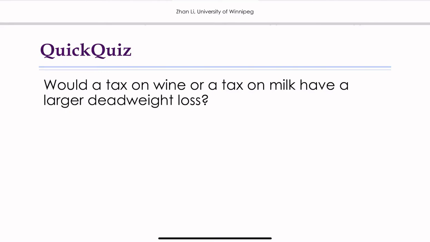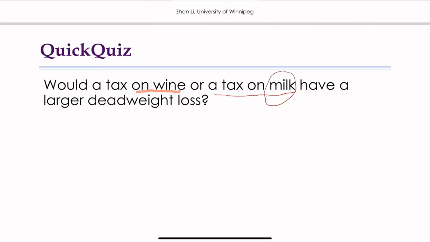Now, let's first look at wine. For wine, should you expect a larger elasticity or a smaller elasticity? Or let's say, if we compare wine with milk, which one should have smaller elasticity? You might think it should be milk, right?